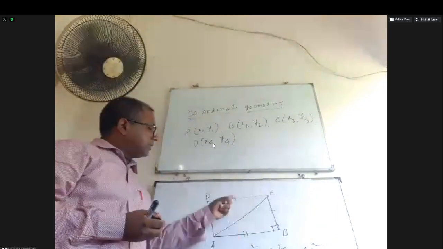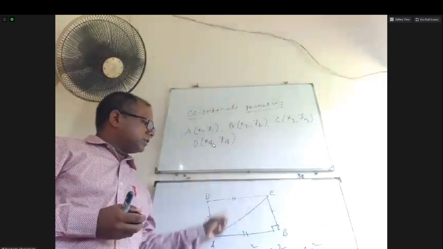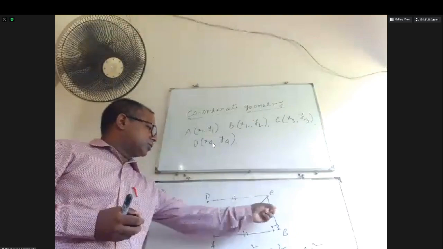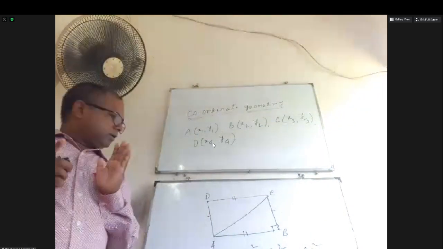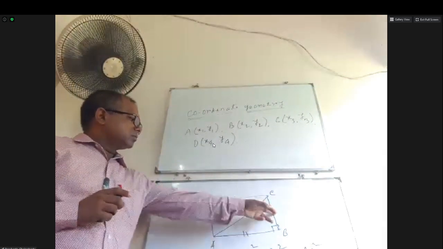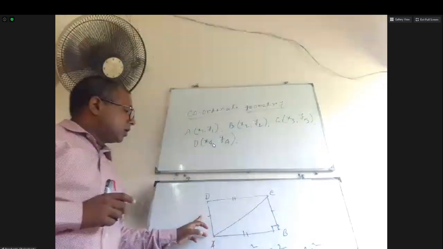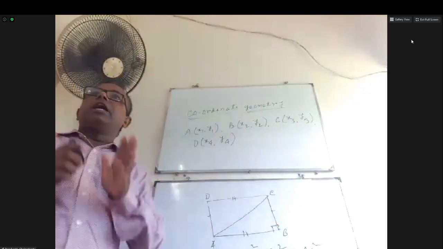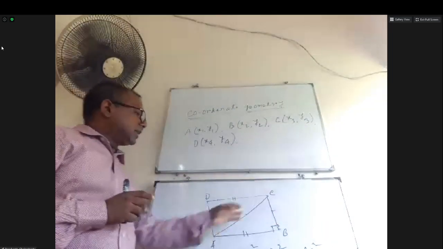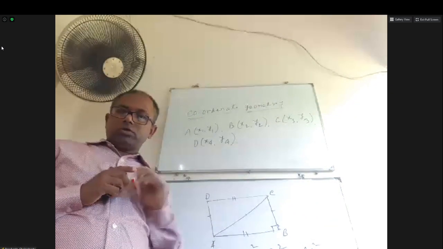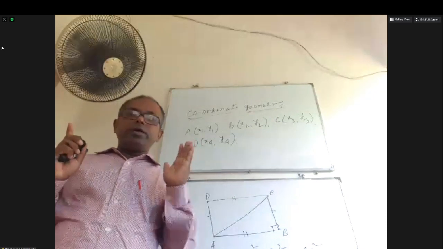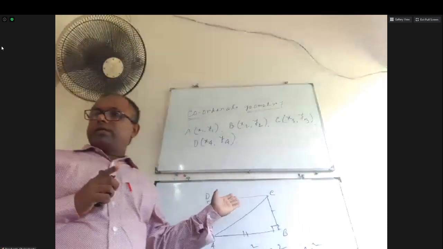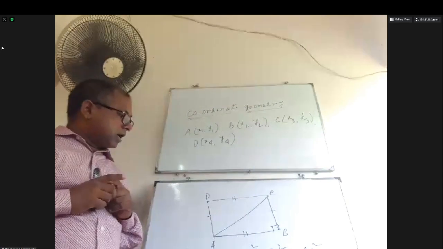But if these two opposite sides or those two opposite sides are equal, but their diagonals are not equal, then we can say this quadrilateral is a parallelogram.